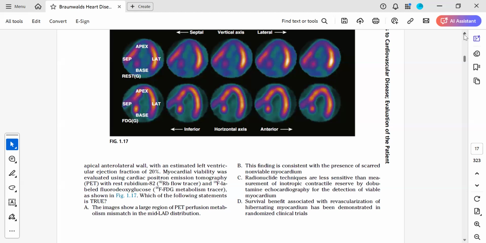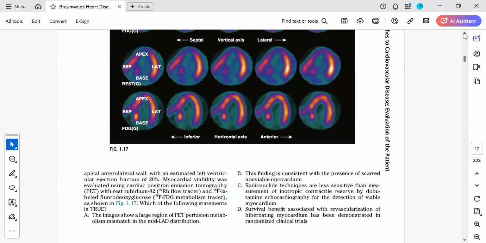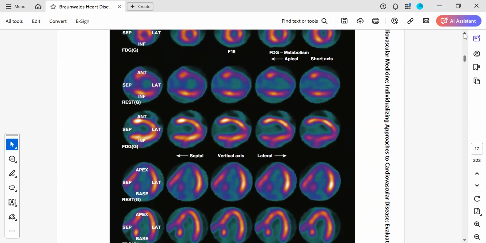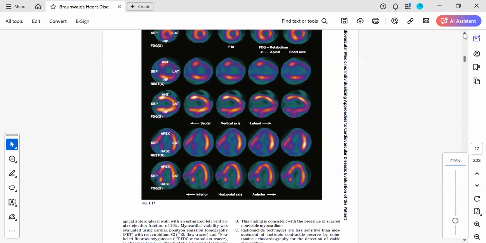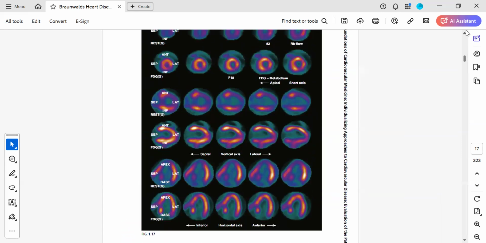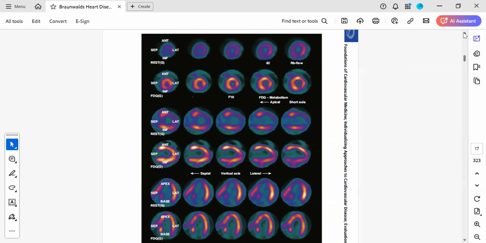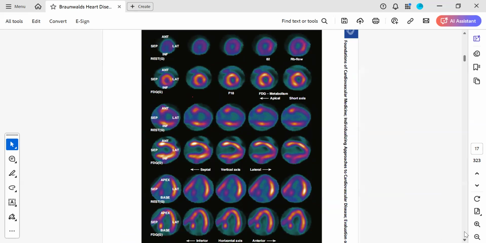So this particular question is testing on myocardial viability, which is being evaluated using cardiac positron emission tomography with rest rubidium-82 for flow tracer, and also using F-18 labeled fluorodeoxyglucose as metabolic tracer.